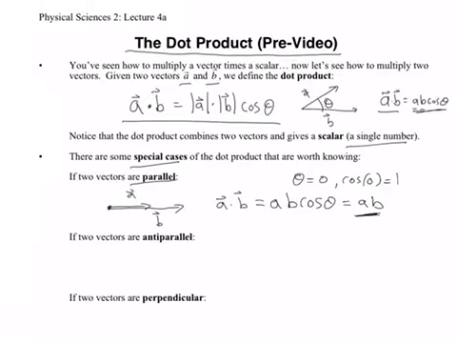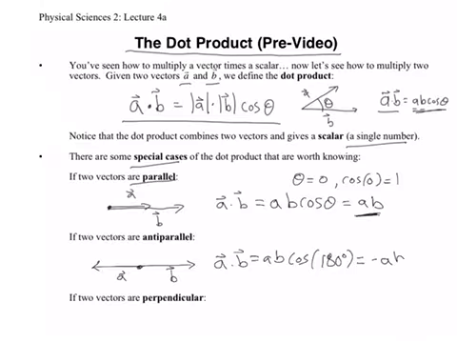When they're antiparallel, so for example, if you have A pointing backwards and B pointing forward, then A dot B is again AB cosine of the angle between them, and the angle in this case is 180 degrees, and a cosine of 180 is minus 1, so this is just negative AB.